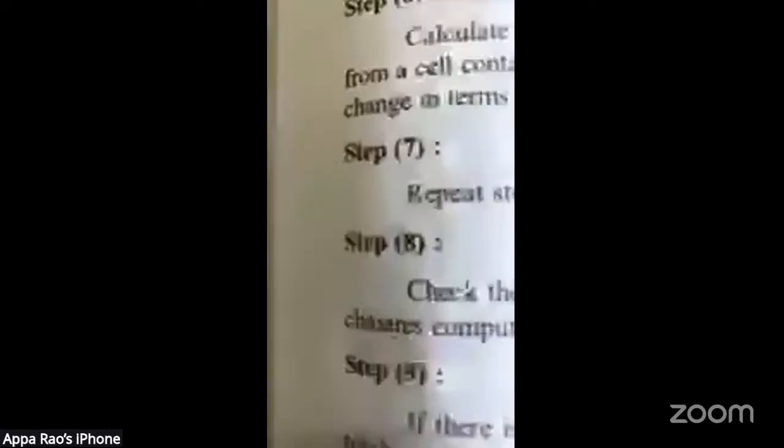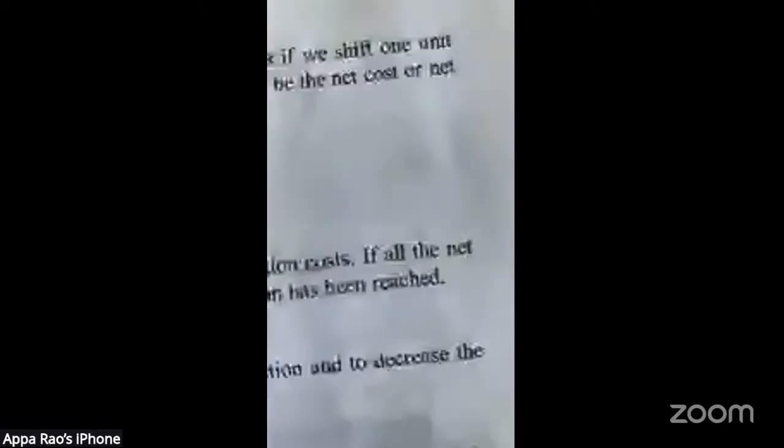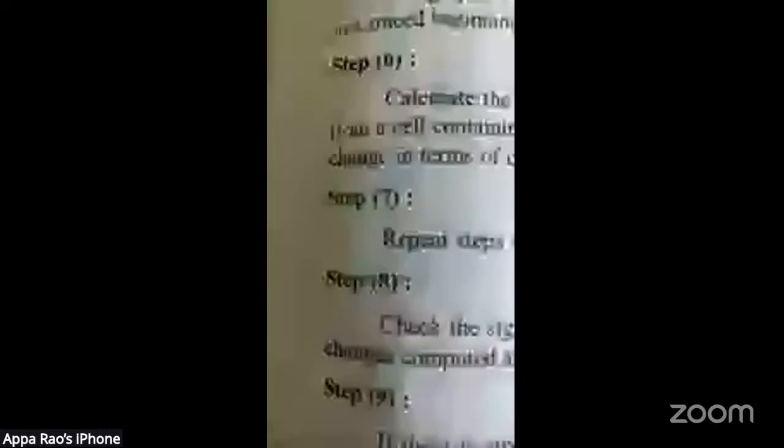Step 6: calculate the opportunity cost of the unoccupied cells. This means if we shift one unit from a cell containing positive shipment to the unoccupied cell, that will be the net change in terms of cost.